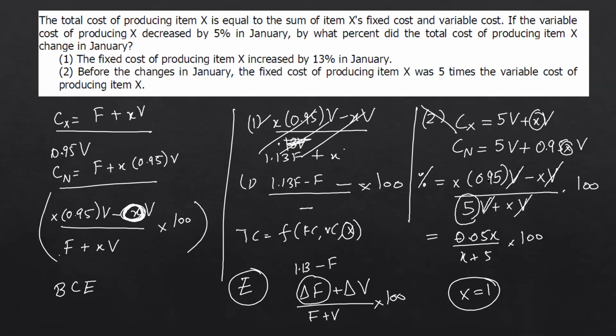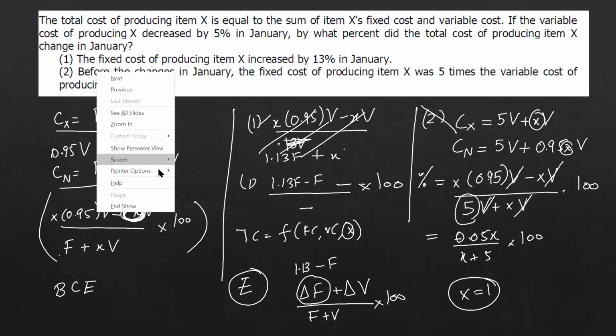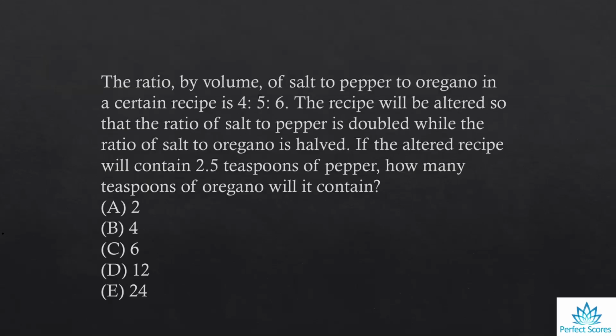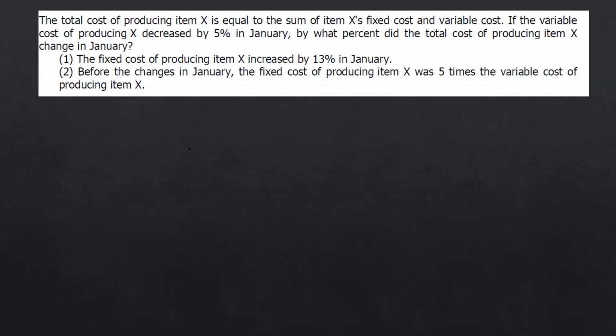And what about the first statement? The first is insufficient because you have fixed cost changes and variable cost changes, and they're different changes. Your percentage will just not come out if you try to calculate the percentage change. Like now my fixed cost is changing by 5% and my variable cost is changing by 13%.